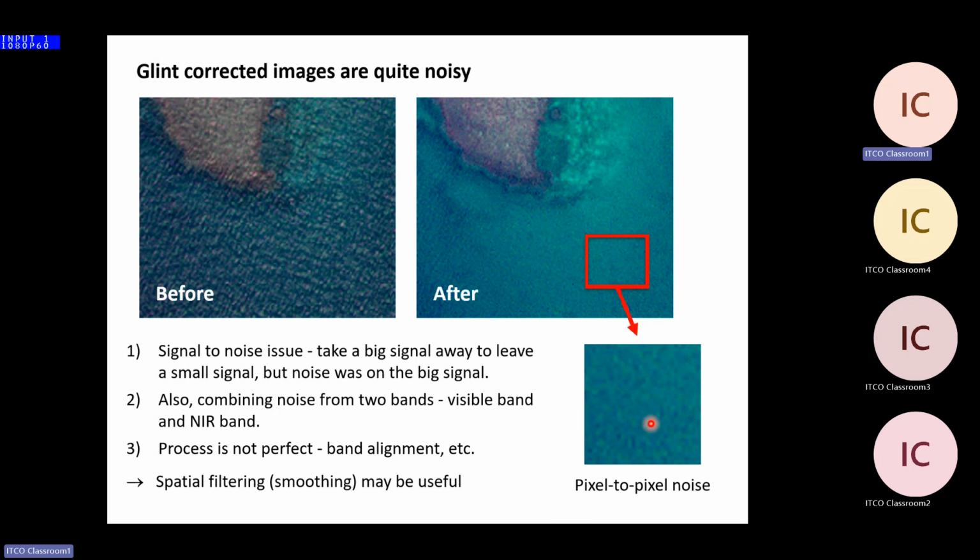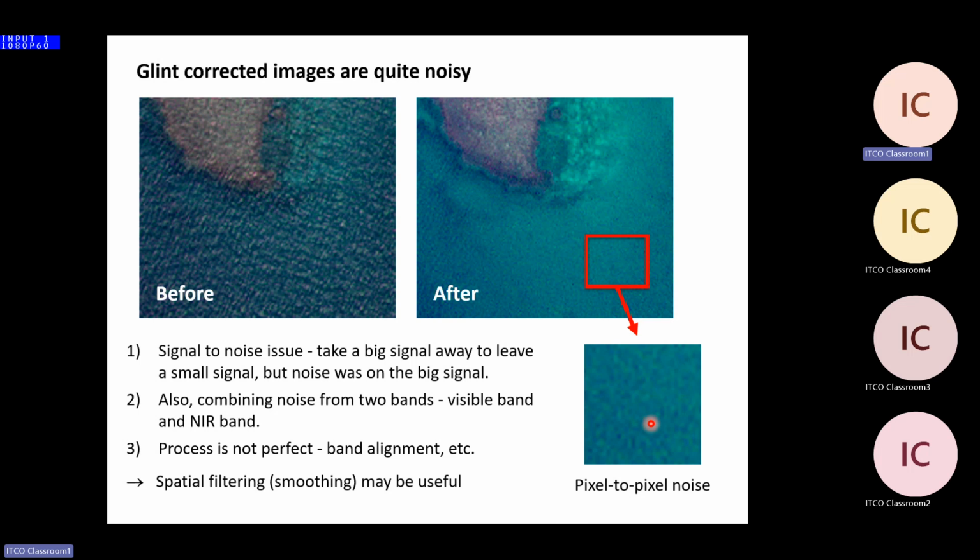Sometimes people don't like it because they say, oh, I had an image at 2-meter resolution, I want my products to be at 2-meter resolution, I don't want to put a spatial filter on it. But what I always tell people is that just because the image you've got is originally at 2-meter resolution doesn't mean that's the optimal resolution to process it at.